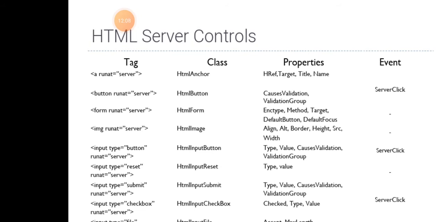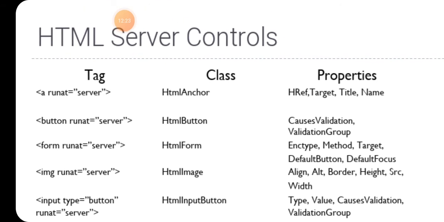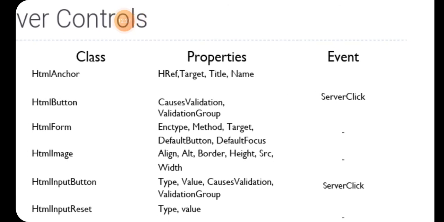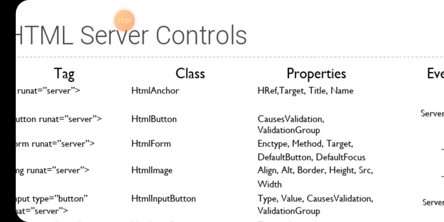It uses the tag A, A is for anchor, and here we are using HTML server controls, so we add the attribute runat="server". The properties of the HTML anchor tag are href, target, title, and name. Next, there is no event.